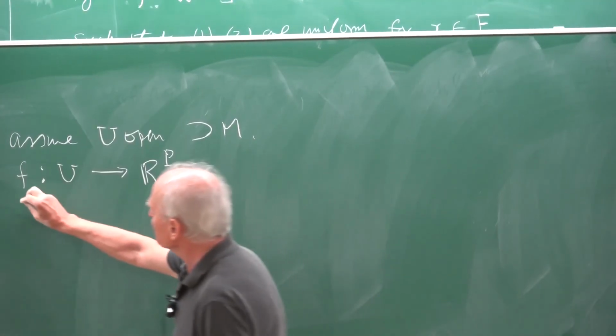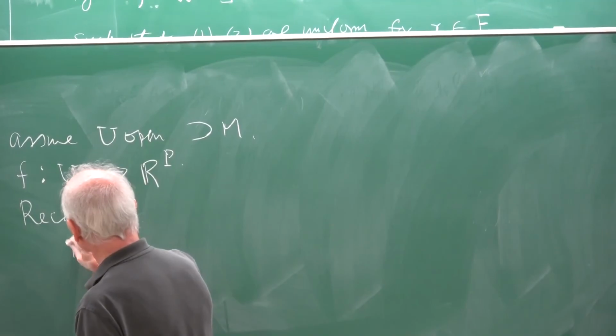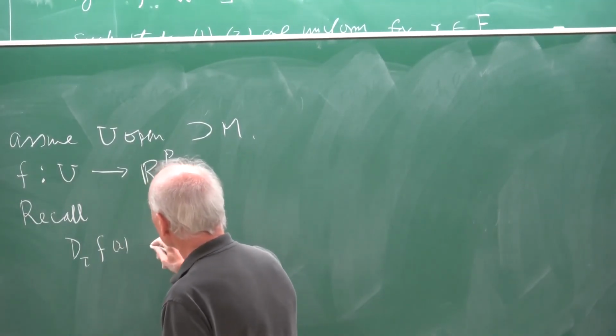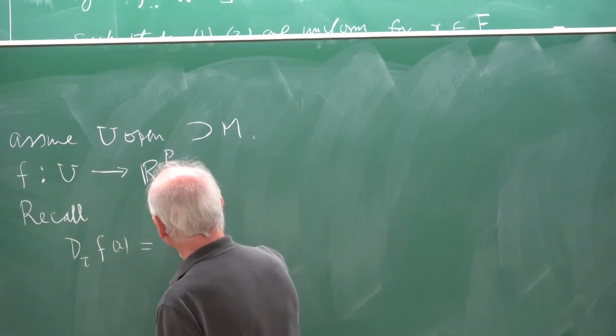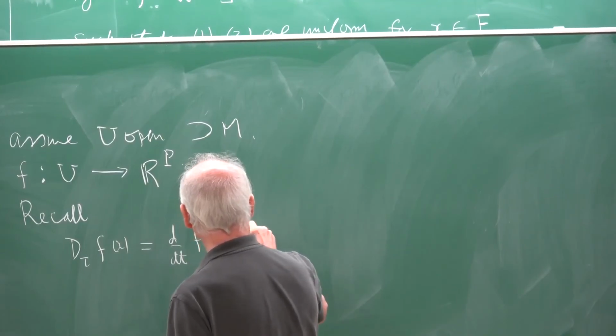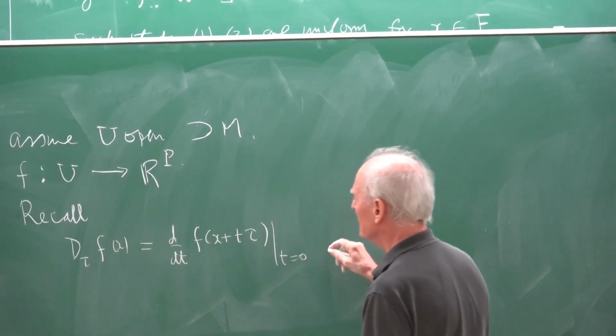Recall that we proved that the directional derivatives of f at a point x exist and are equal to d/dt of f(x + t tau), evaluated at t equals 0.